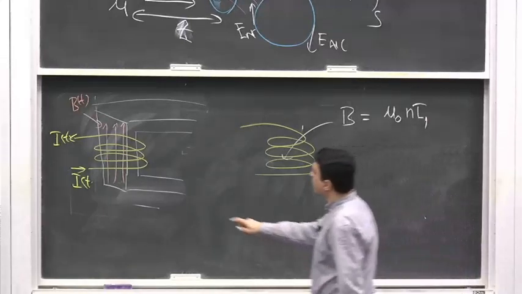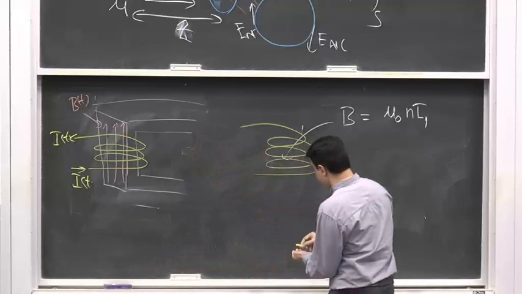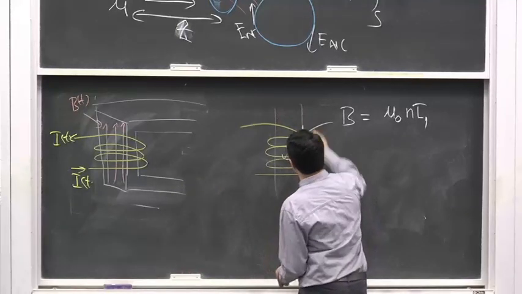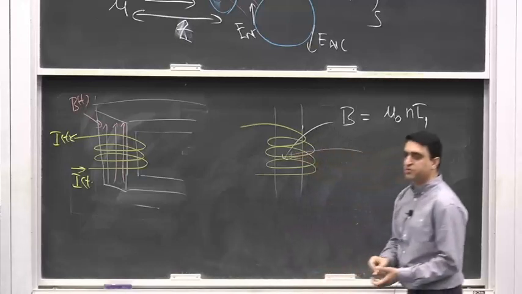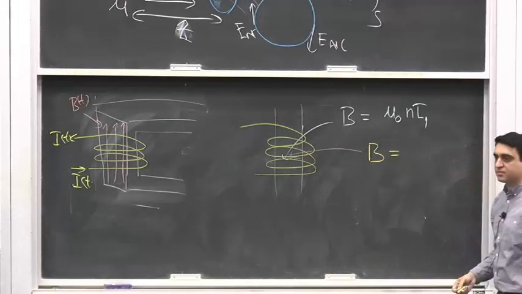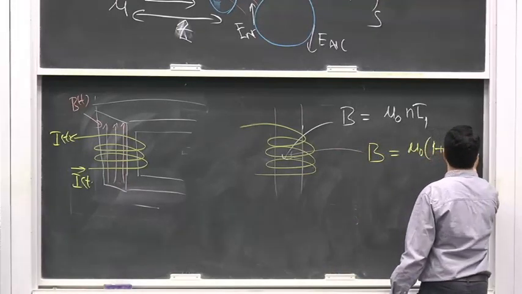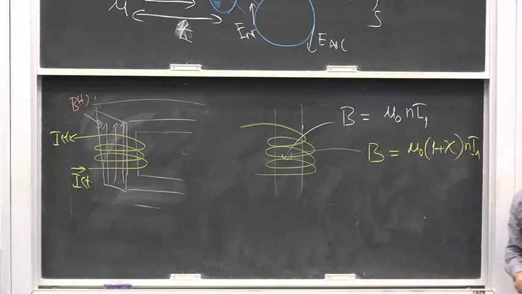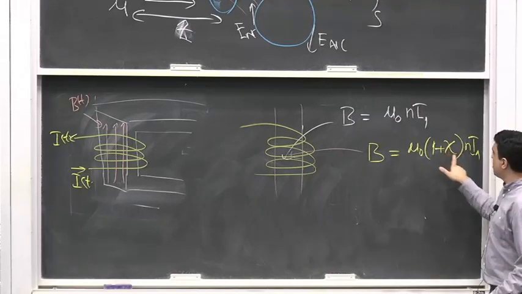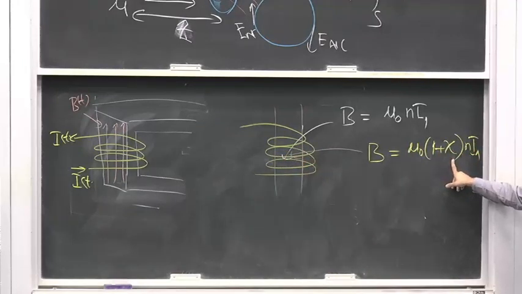But if you have an iron inside this, what would be the magnetic field which you would be producing in this case? That could be given by mu naught into 1 plus chi and I1. If you remember what he said, if you have any magnetic material inside the solenoid, you are increasing or decreasing the magnetic field.